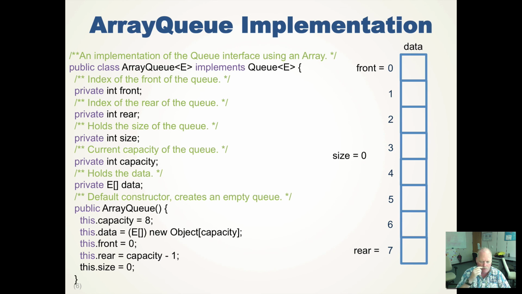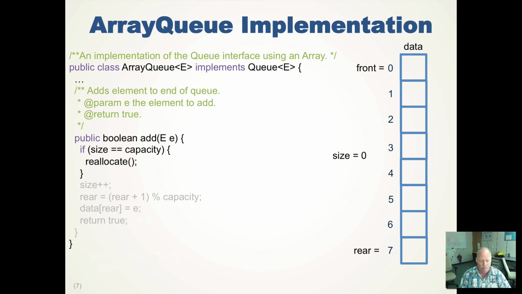So the rear index right now is actually pointing to the spot before where it needs to be. We'll talk about that again. And then the size. When we create a new queue, the size is 0. There's nothing in it.